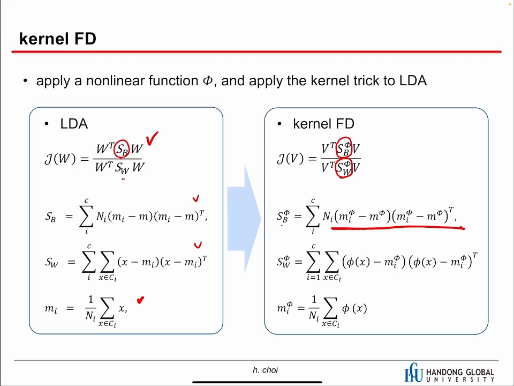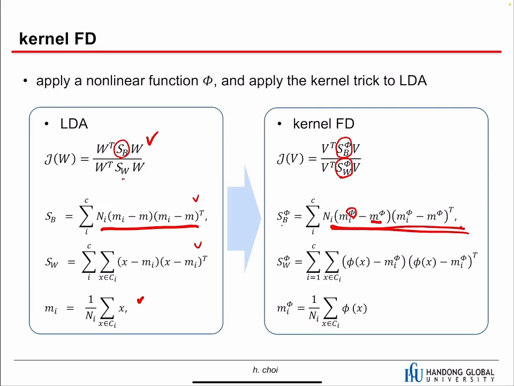Let's compare this one and this one. It's exactly the same except for this phi, which means the class mean in the feature space and the global mean in the feature space.